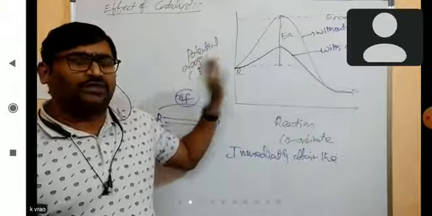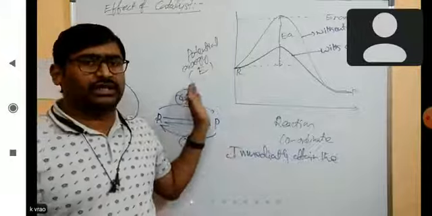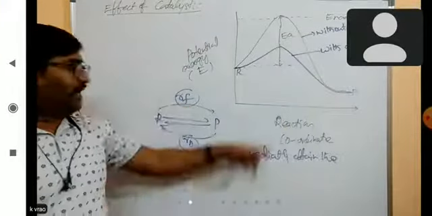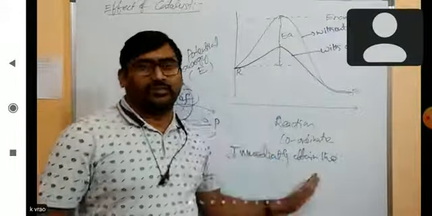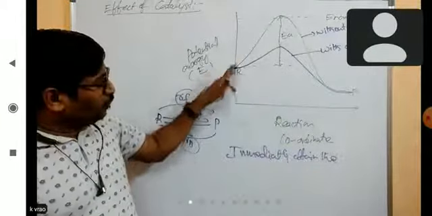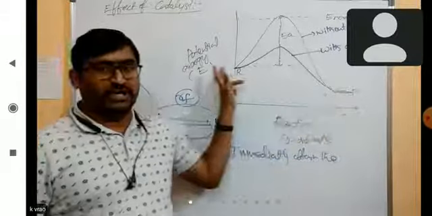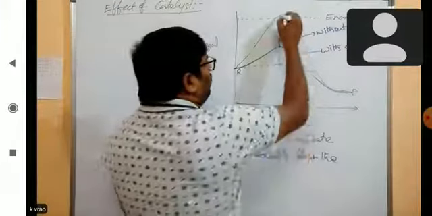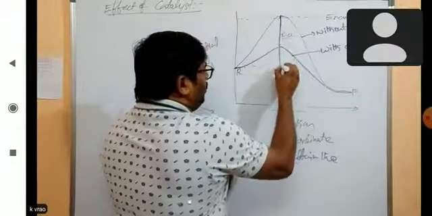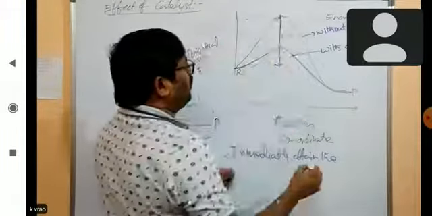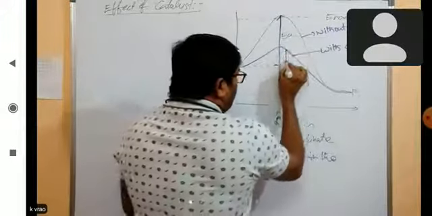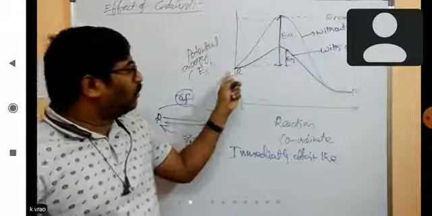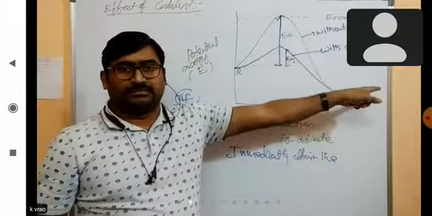The catalyst doesn't affect the equilibrium, it only increases the rate of the forward reaction, and the same quantity is increased in the rate of the backward reaction, means it immediately attains the equilibrium, and it gives a new pathway to the reaction, means it decreases the activation energy. Before the catalyst, this is the energy required for the reactant to be converted into the product. After addition of the catalyst, this is the activation energy, means it gives a new path to the reaction.